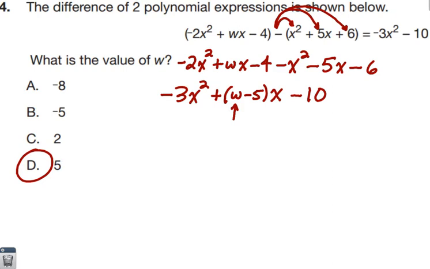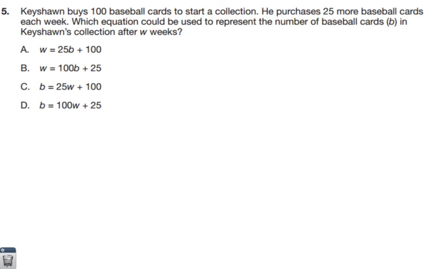But anyway, moving on to number 5. Keyshawn buys 100 baseball cards to start a collection. He purchases... Okay, essentially, this question is: read the paragraph, read everything that's there, and decide which equation models the situation. Once again, the w variable is filling in for an unknown, or varying, number of weeks.